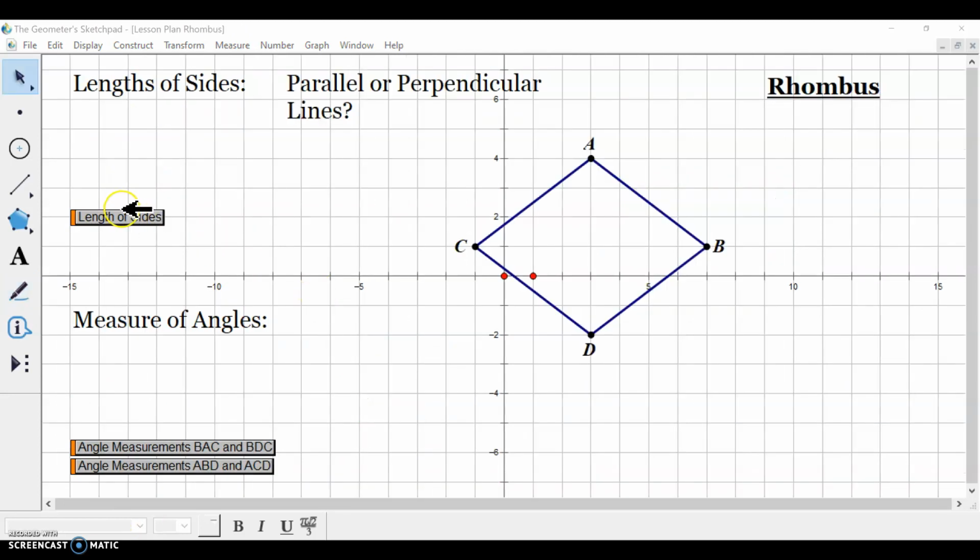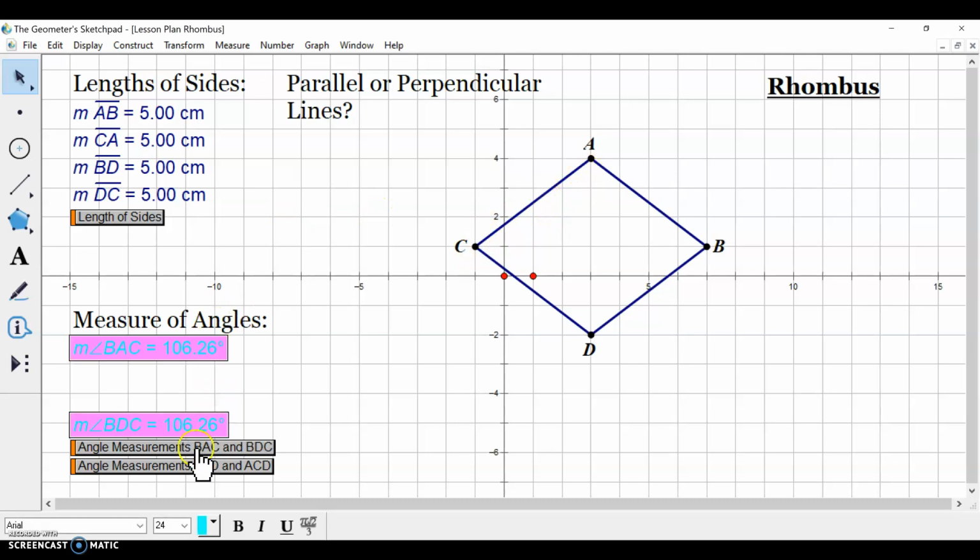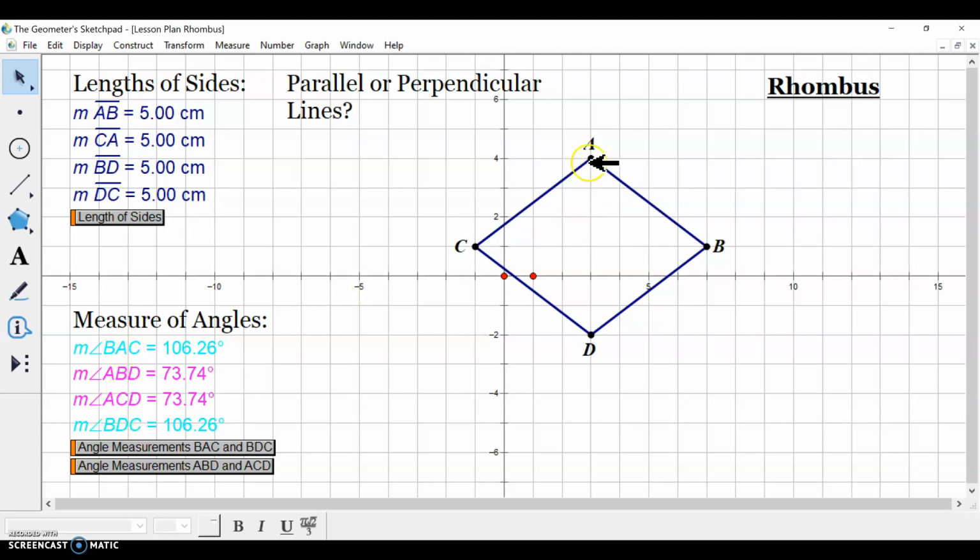Moving on to our rhombus here. A rhombus has four equal sides. So all sides of a rhombus are equal. And then, just like one of our other quadrilaterals, opposite angles are equal. So angle A and angle D that are across from each other here are equal angles, and angle C and angle B are also equal angles.